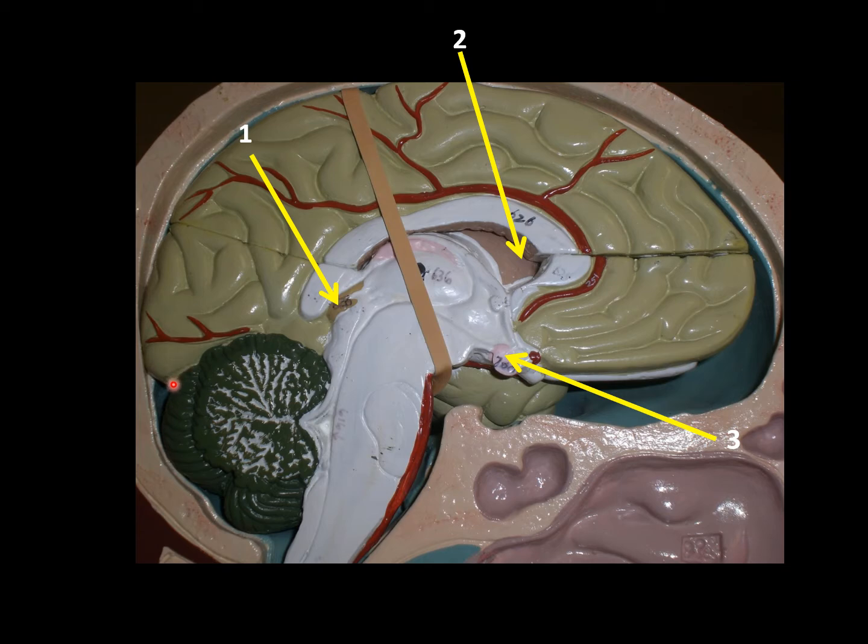From ANP1, we will remember that the pituitary gland sits in the sella turcica, which is a portion of the sphenoid bone, and it is at this location that the optic chiasm crosses. So in this model, number 3 represents the location of the pituitary gland.